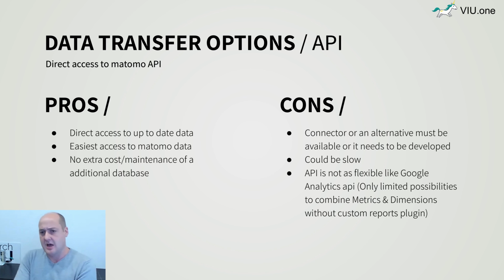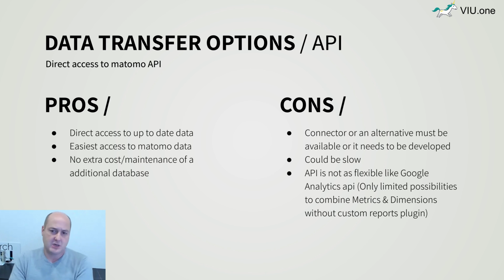The cons are that there must be a connector to Matomo available in the visualization solution, or you need to develop one, or it must be a workaround there. We take a look at this later.